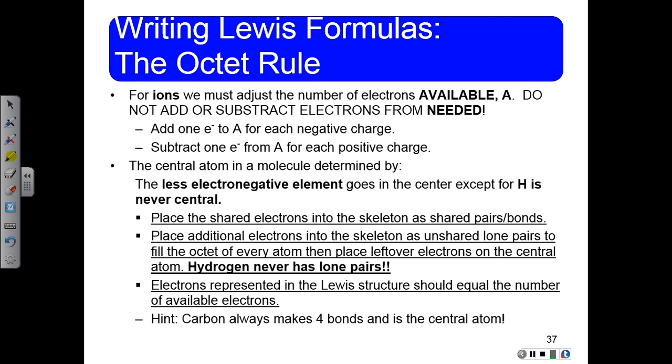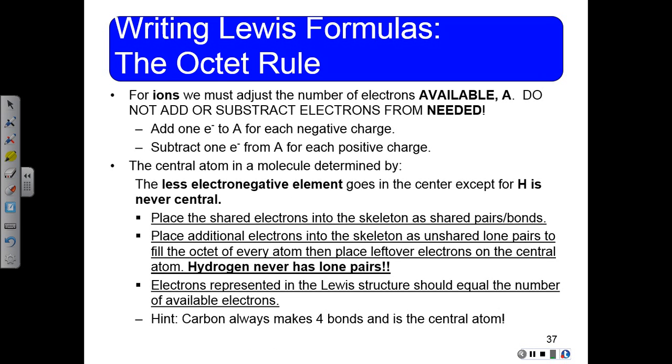Here are some more rules, and like I said, once you start practicing on your own, you can come back to this slide and it will guide you if you get stuck. We're going to go over them anyways, just so we hear them once, and then you'll hear them over and over.